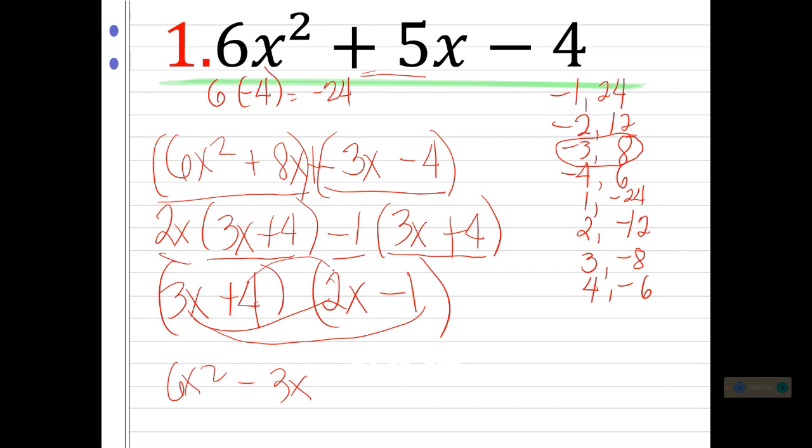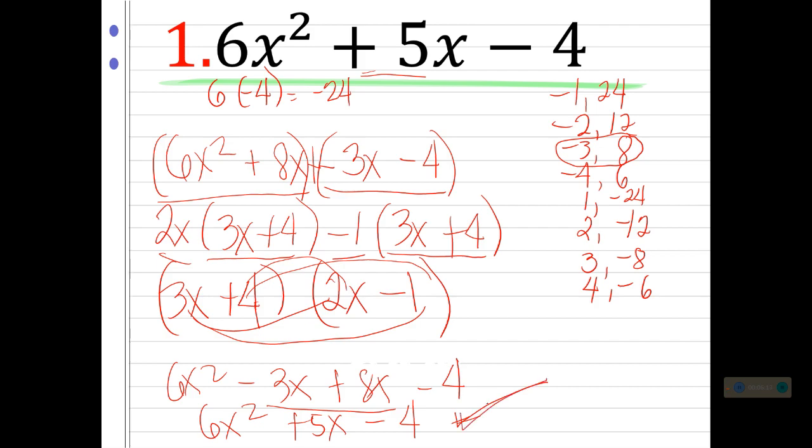Then 4 times 2x is positive 8x. Then 4 times negative 1 is negative 4. If we simplify this, you will have 6x squared plus 5x minus 4. Since they are the same, your factors are correct.